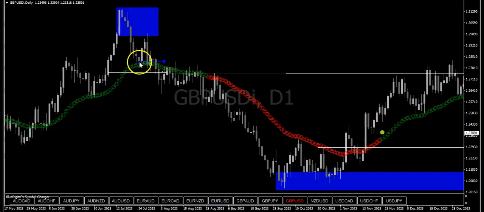Wherever it stopped at the pullback, that's gonna be one of your TPs. So we're gonna look at this on the 4 hour time frame. That's an easy TP right there. So let's just see how that looks on a 4 hour time frame.